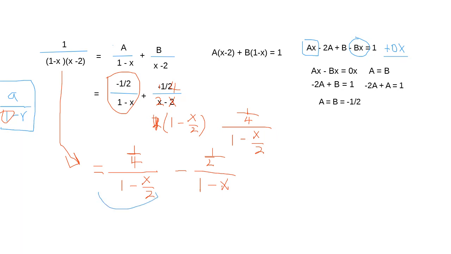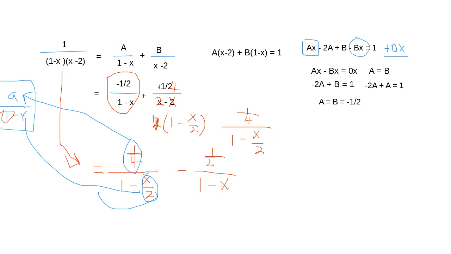So let's do this one first. We think about the A. A is quarter. What's the ratio? The ratio R is x over 2. And this one will converge when R, which is x divided by 2, has absolute value less than 1.